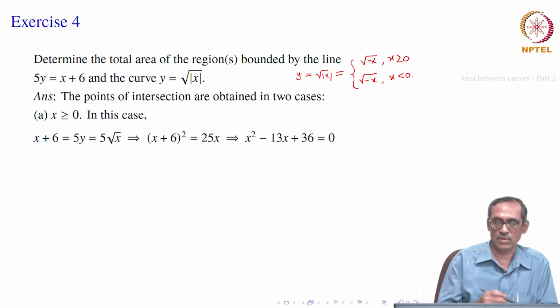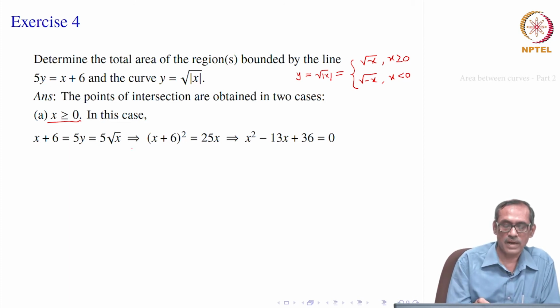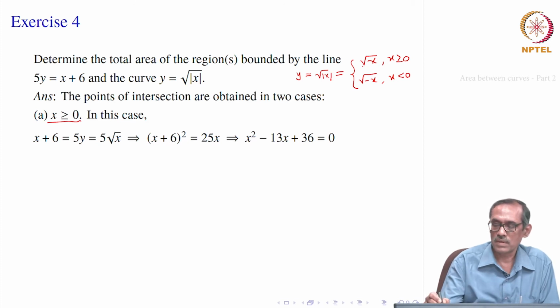So, at least we have to consider two cases, when x is positive and when x is negative, find the corresponding regions and add them up. Let us take the first case, x greater than or equal to 0. We want to find the points of intersection. 5y equal to x plus 6 and y equal to square root of x, so 5 root x.